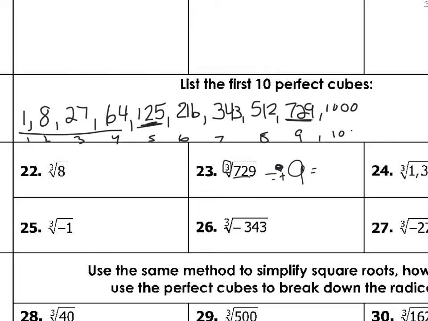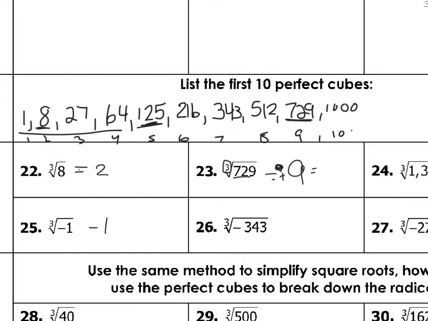8, you say, well, 2 times 2 times 2. I wish they didn't put these negatives on there because I really don't want to get into that, but just put the negative in front of whatever it is.